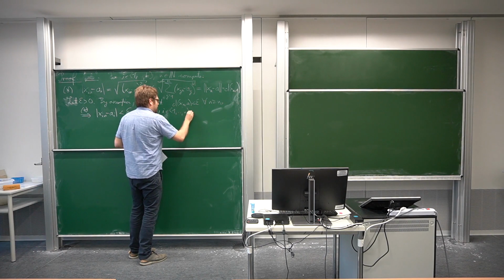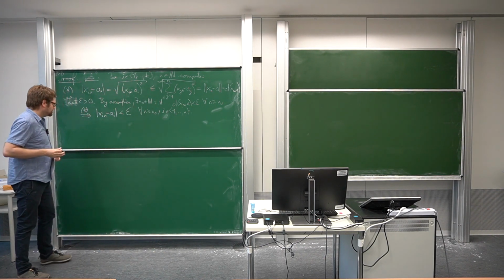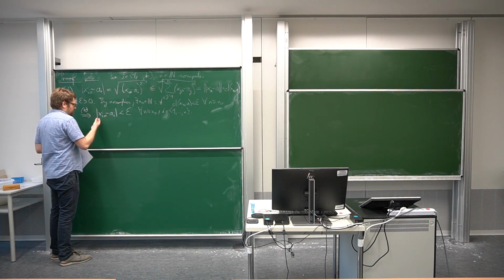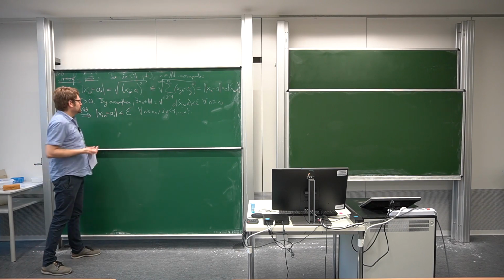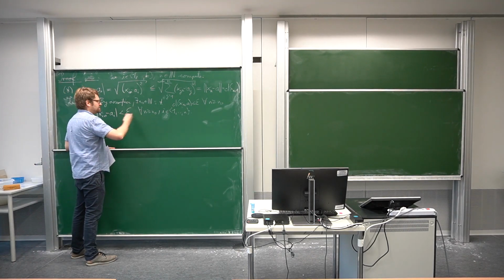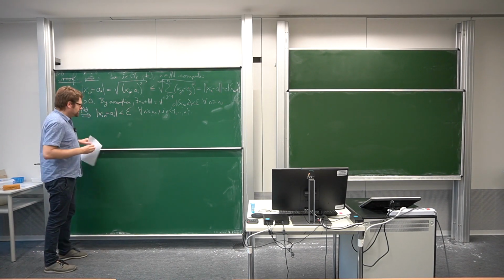So if we take a particular coefficient sequence here, a coordinate sequence x_i^n, we've seen that for every epsilon we can find an n0. We can in fact take the same n0 for each i to make this convergent.